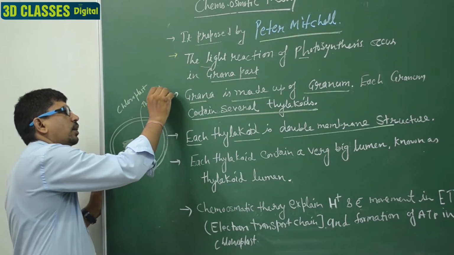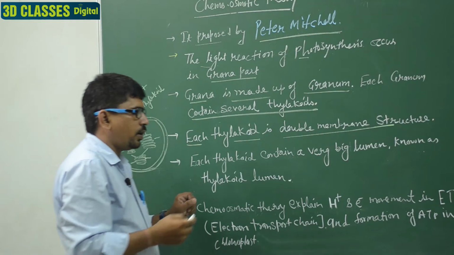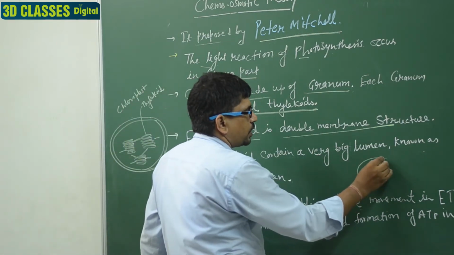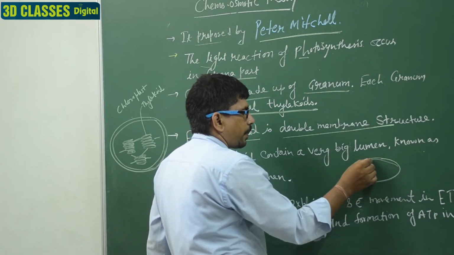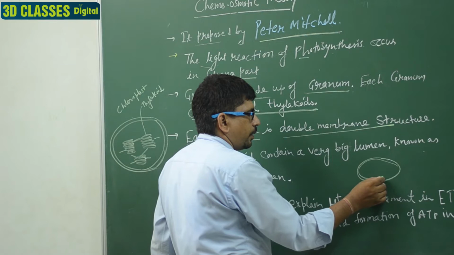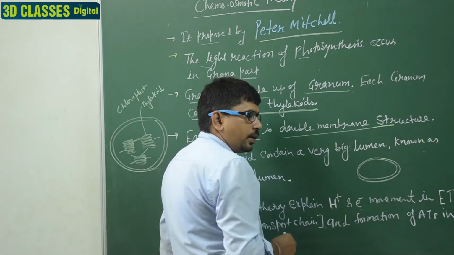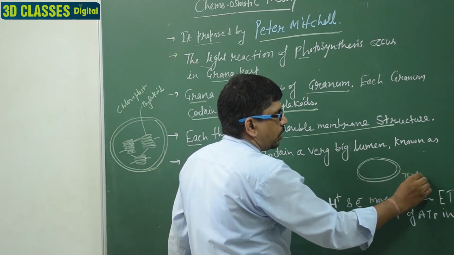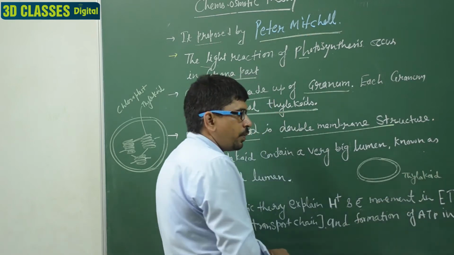Clear? We have discussed the thylakoid. It is a disc-like structure like this, and that is the thylakoid. It contains two membranes, the outer membrane and inner membrane.